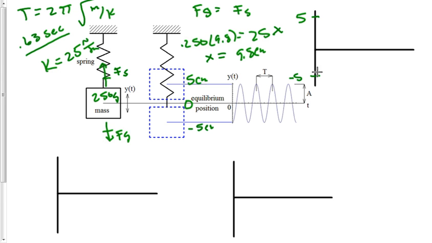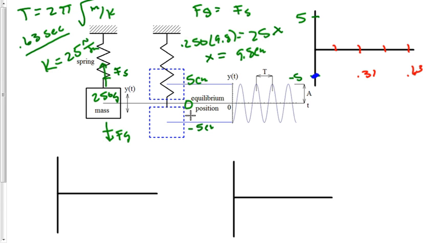Okay, so it's all going to be the same. We're going to start at negative 5, but let's do our little graph thing here. We know we have 0.63 seconds here and 0.31 seconds here at the half mark. So in blue, let me superimpose our wave. We're going to start at negative 5, so I'll put a dot there.